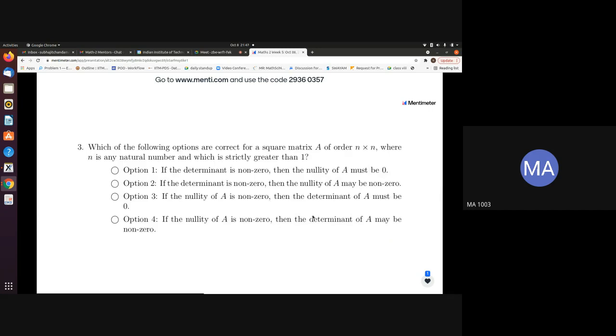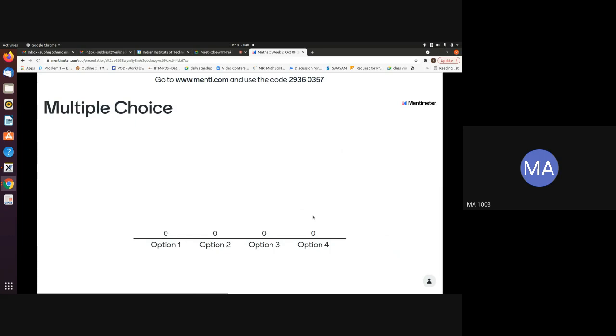So nullity has some relation with determinant. Yes, sir. So this is basically what. Let me see what the correct options are.